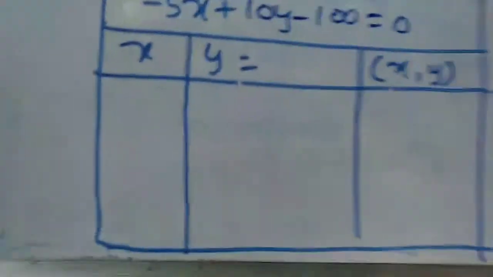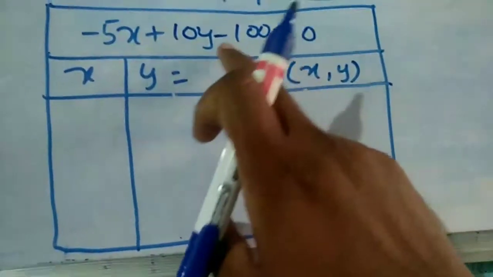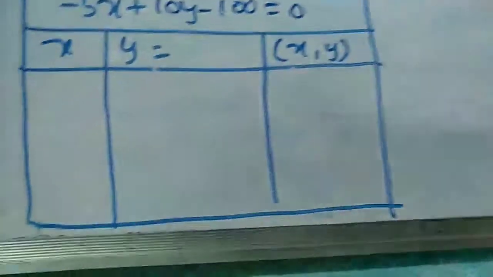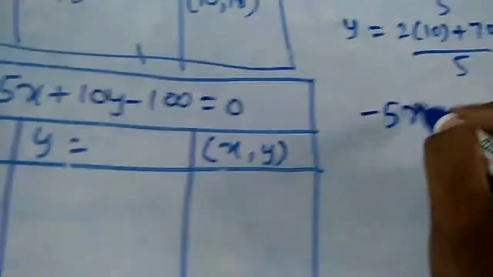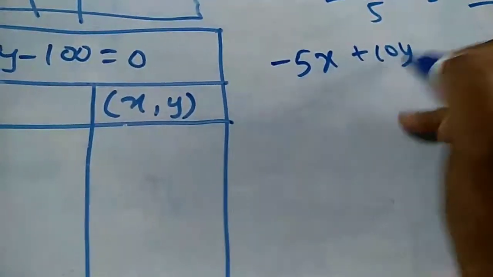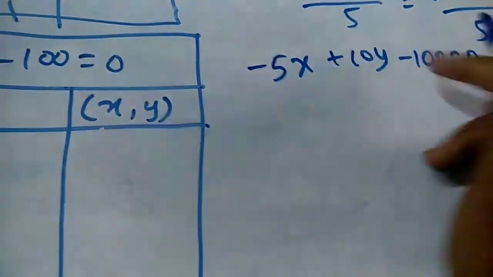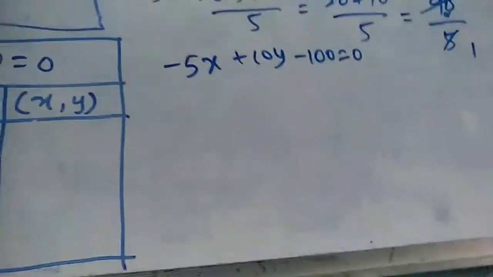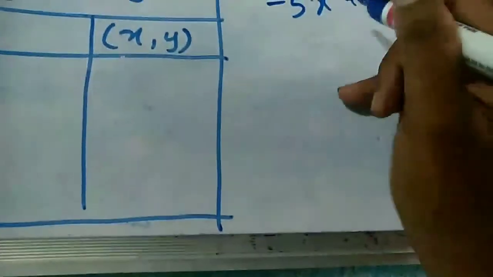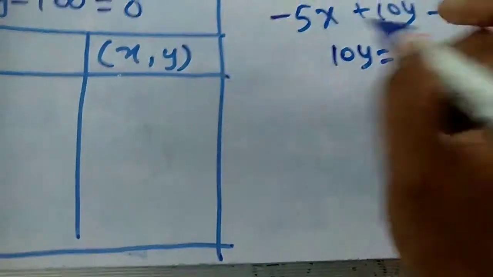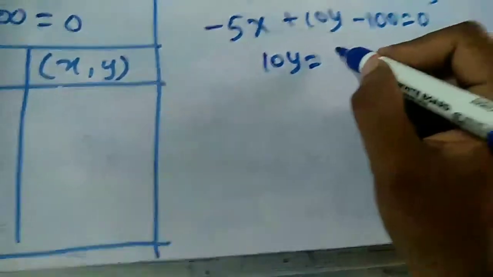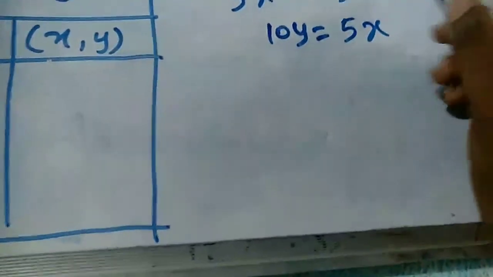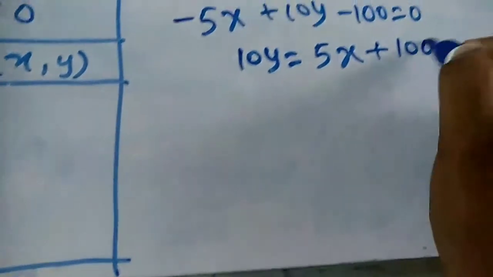Okay, now write the other equation. Now it is minus 5x plus 10y minus 100 is equal to 0. So here y coefficient is plus. So transpose the other two terms. So 10y is equal to minus becomes plus, so it is 5x. Here also minus 100 becomes plus 100.